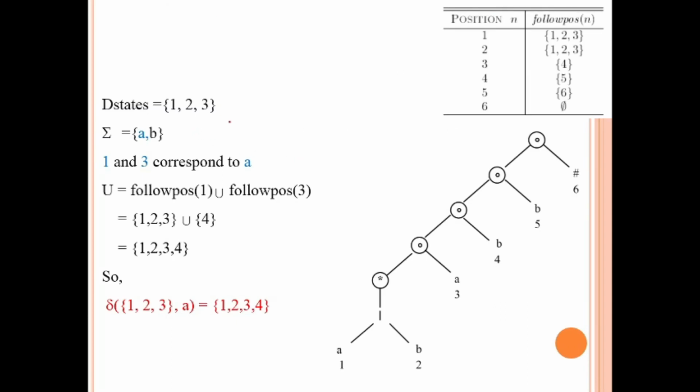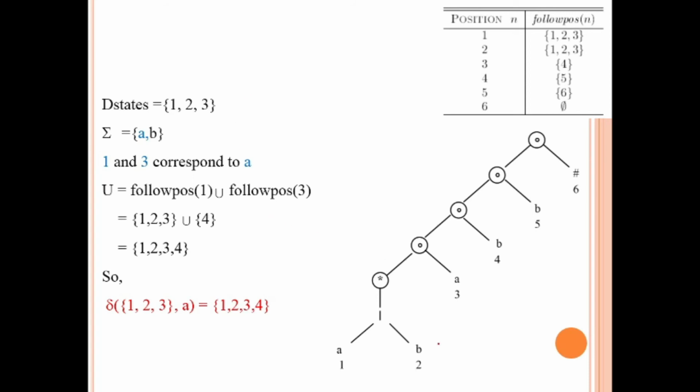Now these are the positions we have to pick up, and out of these positions we have to consider the sigma. What is sigma in our example? It is a and b. Now out of these three positions we'll pick up the positions corresponding to a particular input alphabet.